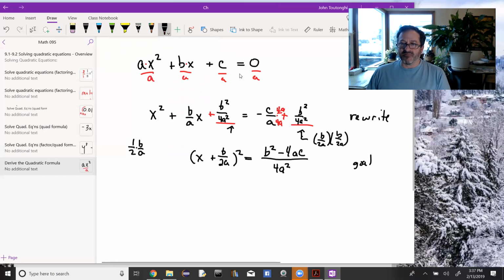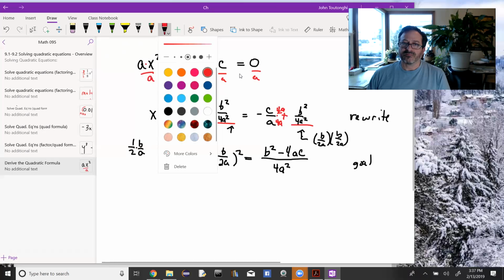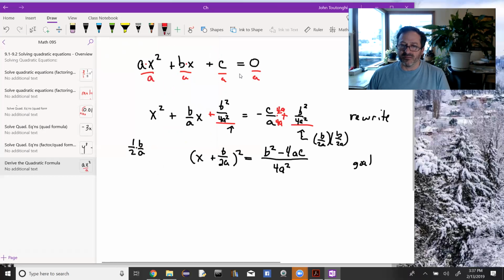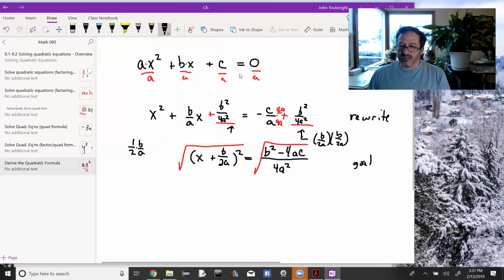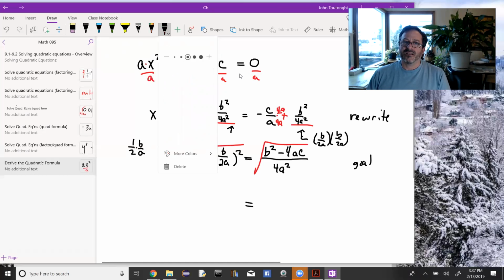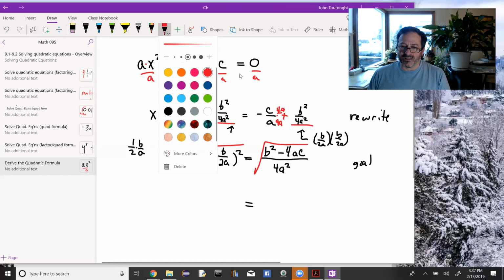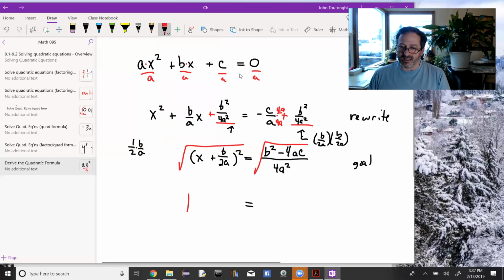So now once I have my completed square, I want to solve this using square roots. To do that, we take the square root of both sides. Square root of the left, square root of the right. I'll put an equal sign in the middle. On the left, we have the square root of something squared, so that's going to be the absolute value of that thing.